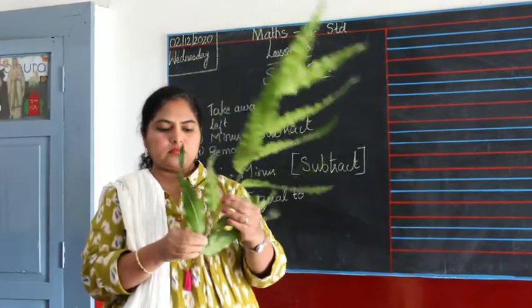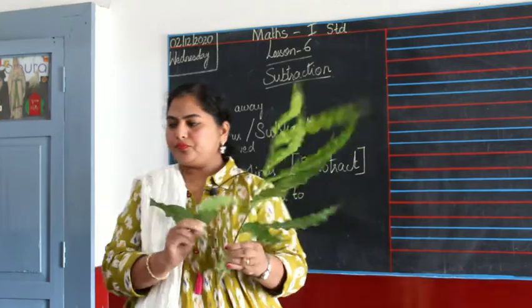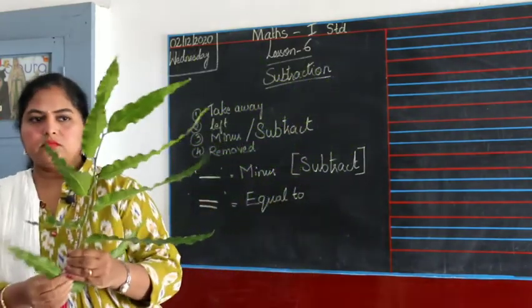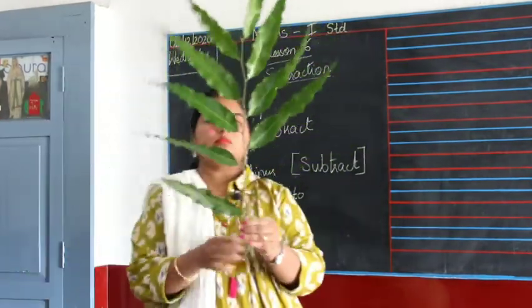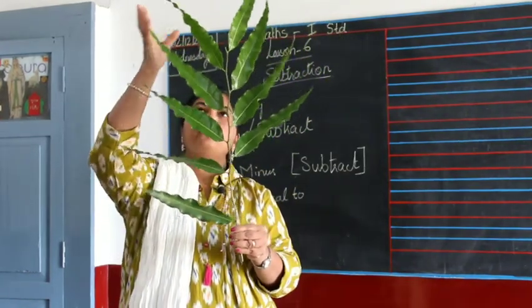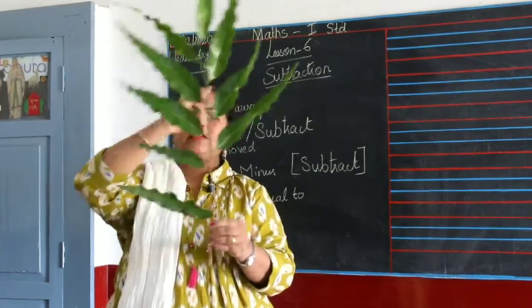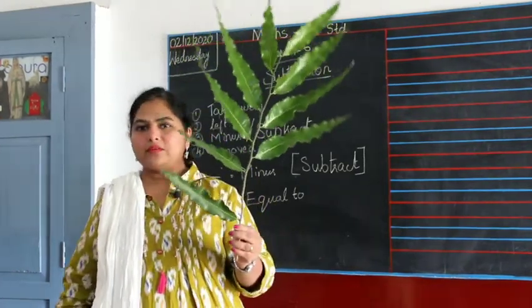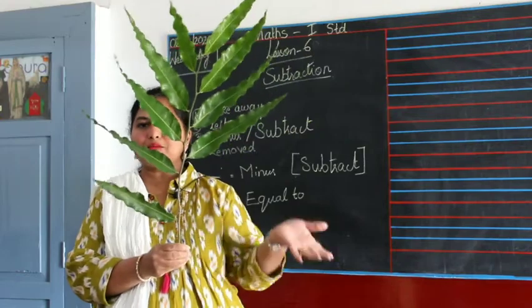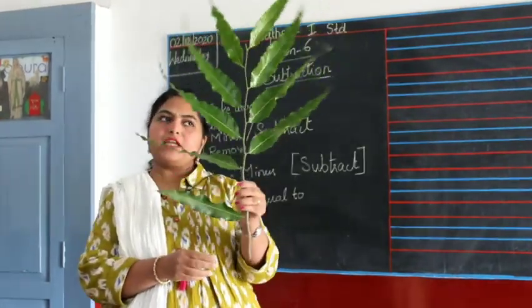Because we are doing only up to 9, I will remove some. Let's count now. 1, 2, 3, 4, 5, 6, 7, 8, 9. So I had 13. What happened? Now I have only 9. I removed some. I minused. Now we have 9 leaves.